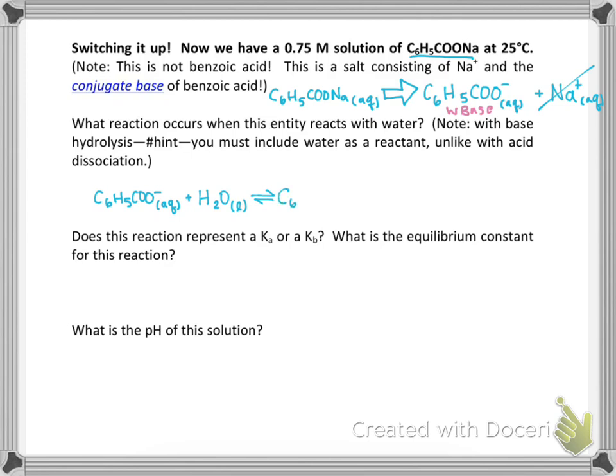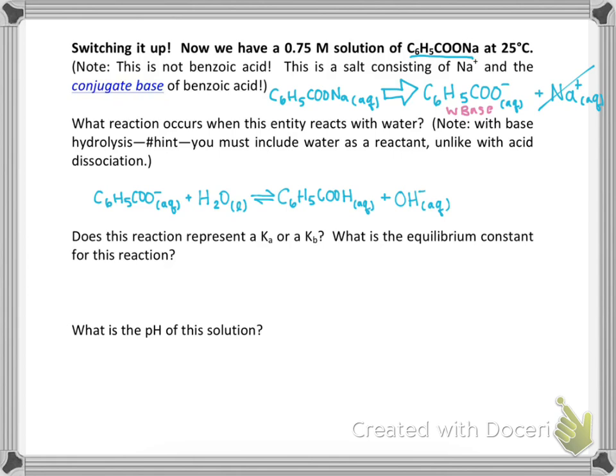So our C6H5COO- is going to take a proton from the water to form the neutral species, in terms of charge. And it will leave behind hydroxide. So this is a base hydrolysis.